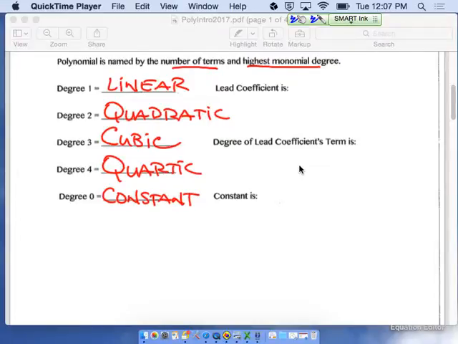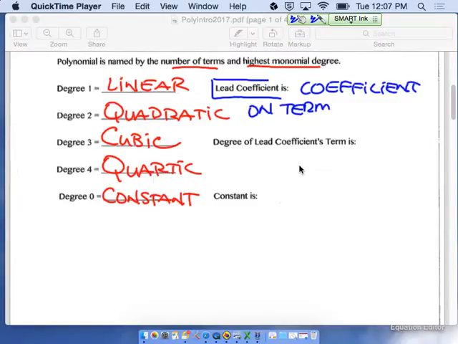I'm going to switch colors, and I'm going to talk about what's called the lead coefficient. The lead coefficient is the coefficient on the term with the highest power. We'll call it the highest degree.